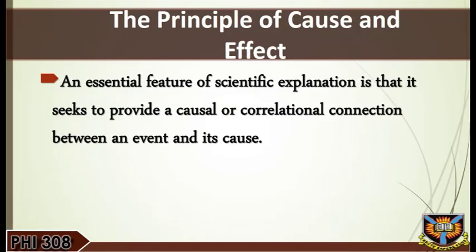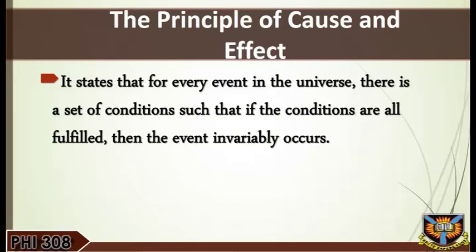The principle of cause and effect. However, an essential feature of scientific explanation is that it seeks to provide a causal or correlational connection between an event and its cause. But first, what do we mean by the principle of cause and effect?